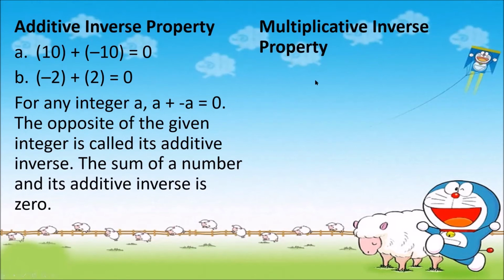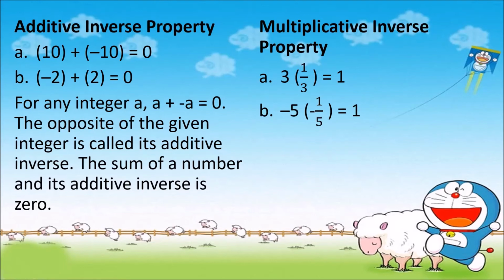The multiplicative inverse property, example, 3 times its reciprocal. Reciprocal of 3 is 1/3. 3 times 1 is 3 over 3, and 3 over 3 is equal to 1. Negative 5 times its reciprocal, negative 1 over 5. Negative 5 times 1 is negative 5, and over negative 5.